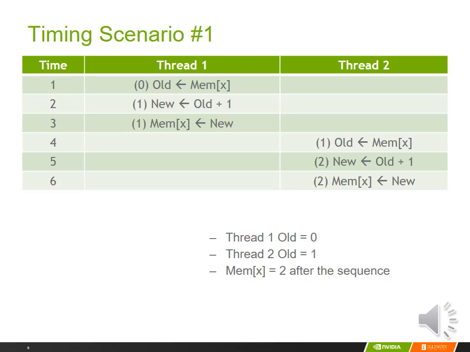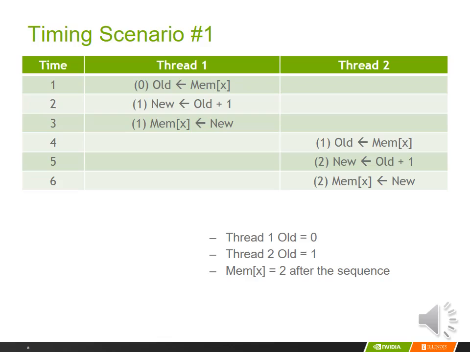At time 4, thread 2 will load the value from memory location X into the old variable, and the value will be 1. And at time 5, thread 2 will add 1 to the old variable value and write value 2 into the new variable.